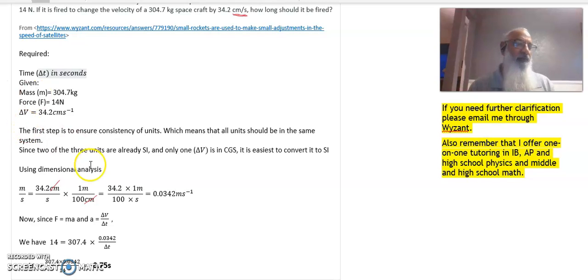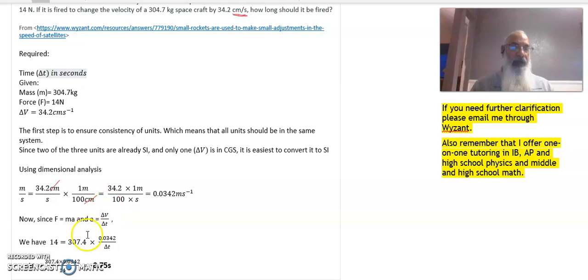My marks for crossing those units out overlapped, and so it moved off. That's fine. We got it back to where it's supposed to be. So we have 34.2 centimeters per second. That is given to us. That is the velocity change that we are looking for, delta v.